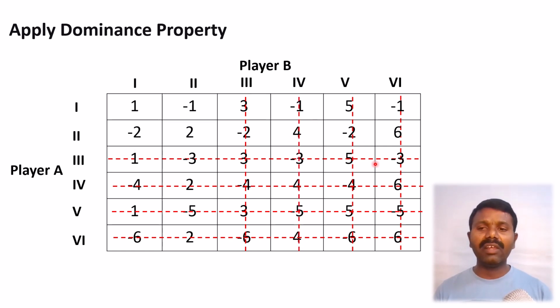So finally only a 2 by 2 matrix is left, that is 1, minus 1, minus 2, 2. If you take this 2 by 2 matrix, we can easily apply the oddments method, and we can solve the problem.